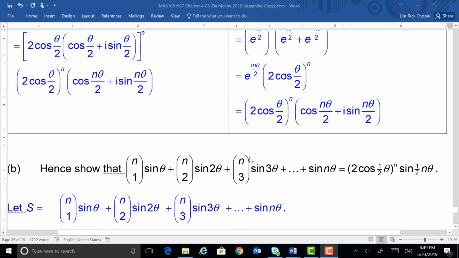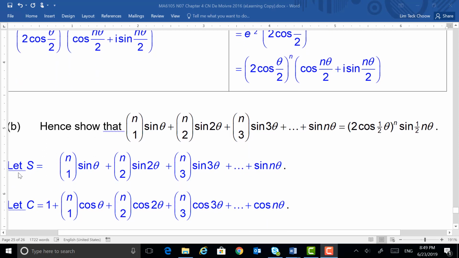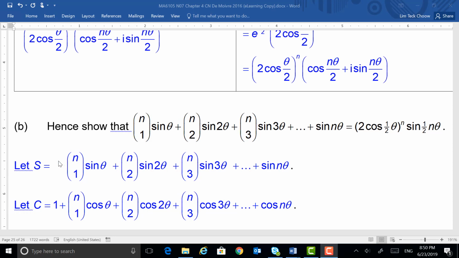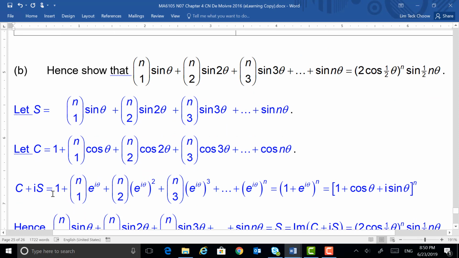One way out is to start off by letting S be equal to this, and then letting C be this. So guess what I am going to do next? That's right, I'm going to rewrite this as cos plus i sine, or C plus iS. C plus iS will yield this expression.